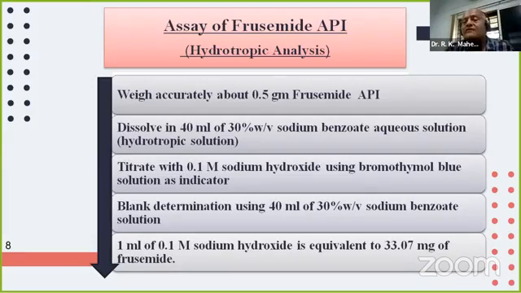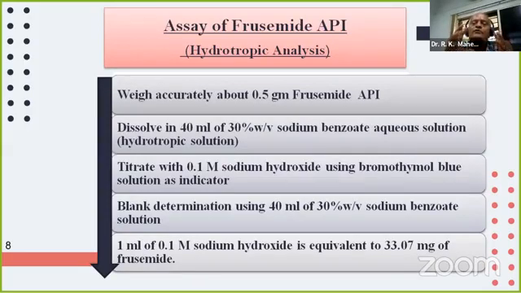Suppose the reading is x2 ml. This x2 ml has been consumed by 40 ml of sodium benzoate solution, so it will be subtracted from V2 ml. So V2 minus x2 is the volume of NaOH required for your drug. Using the same pharmacopoeia factor, 1 ml of 0.1 molar NaOH is equivalent to 33.07 milligram of furosemide, you can find out the purity of your API furosemide.